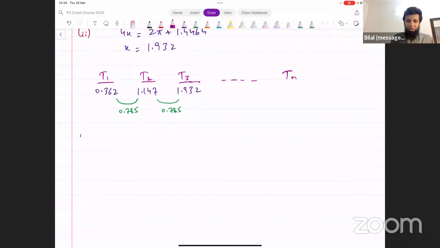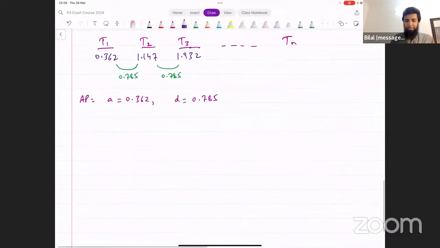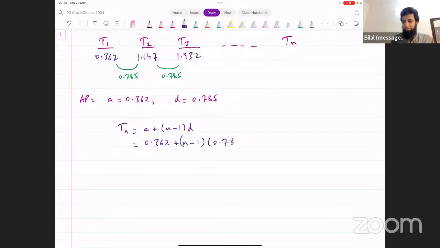We know it's an AP with the first term equal to 0.362 and difference equal to 0.785. What is the nth term going to be like? The nth term of an arithmetic progression is given in the formula sheet: a plus n minus 1 times d. Just input values here. That's 0.362 plus n minus 1 times the difference. This is the nth term.